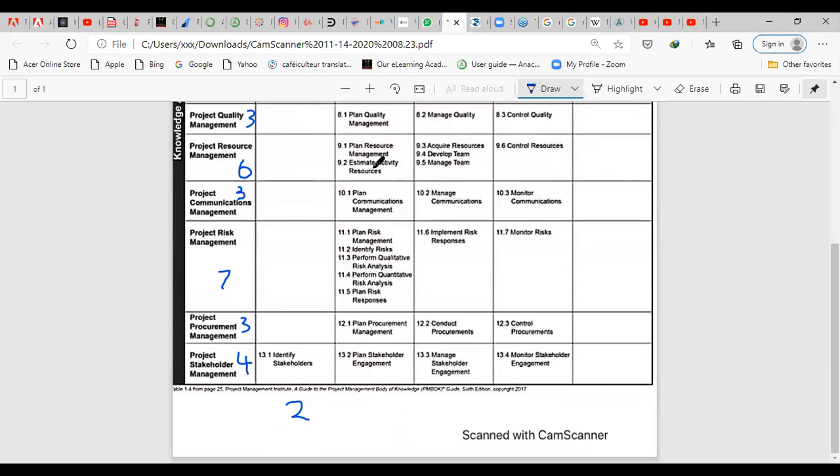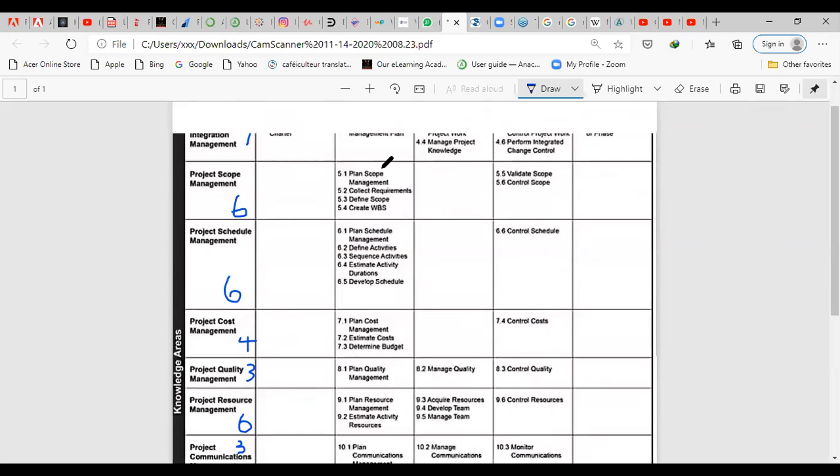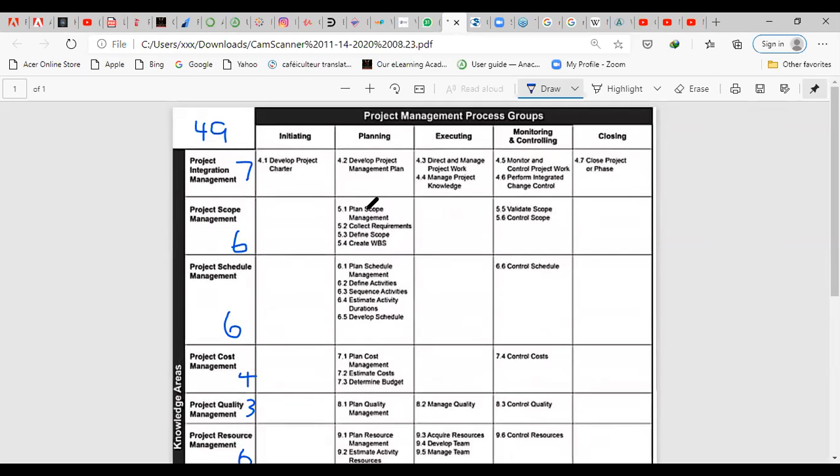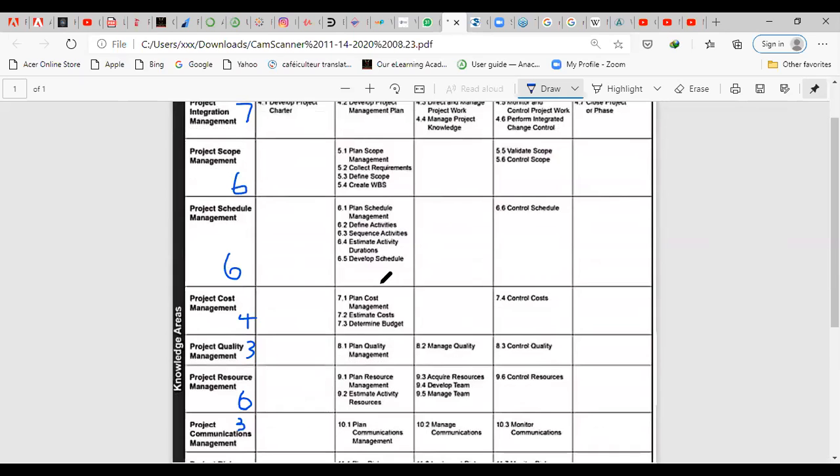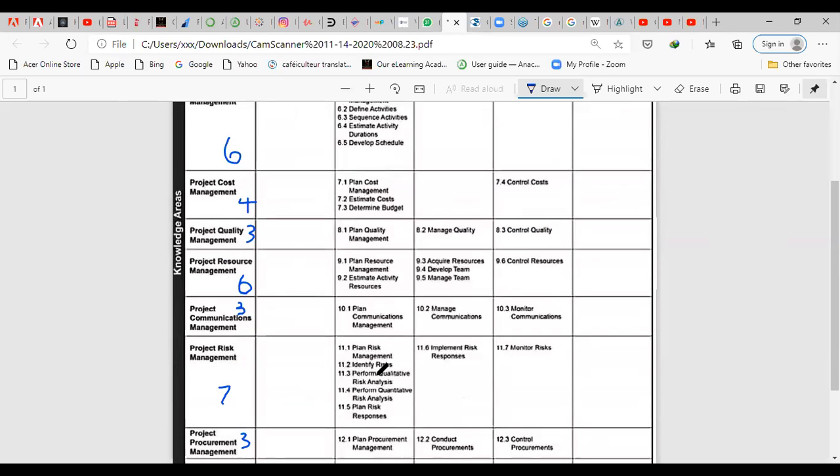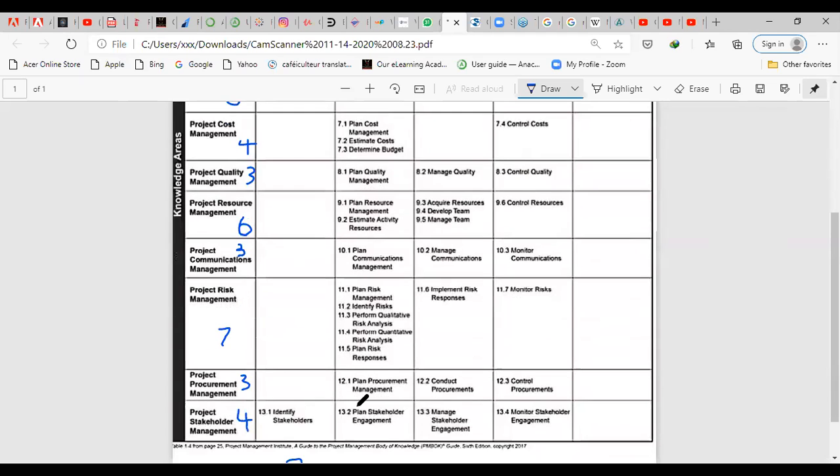Then we come to planning. So we're going to count all the processes under planning. You have 1, 2, 3, 4, 5, 6, 7, 8, 9, 10, 11, 12, 13, 14, 15, 16, 17, 18, 19, 20, 21, 22, 23, 24.